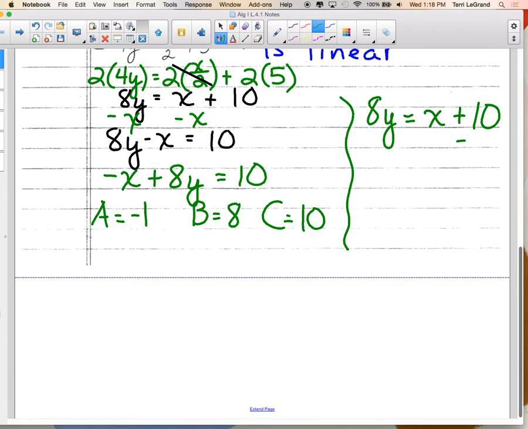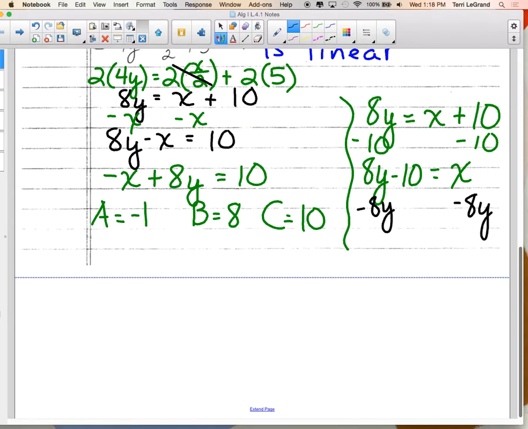So if instead we subtracted 10 first and had 8y minus 10 equals x, now we would subtract 8y from both sides. We would have negative 10, a constant, and x take away 8y, which changes things up a little bit in the ABC department too, doesn't it?